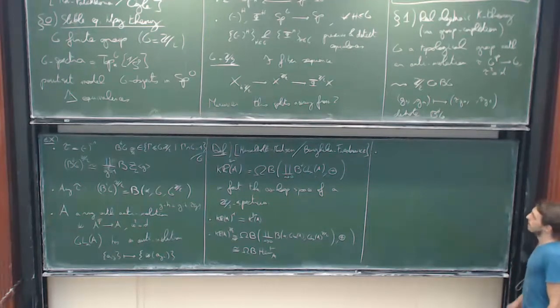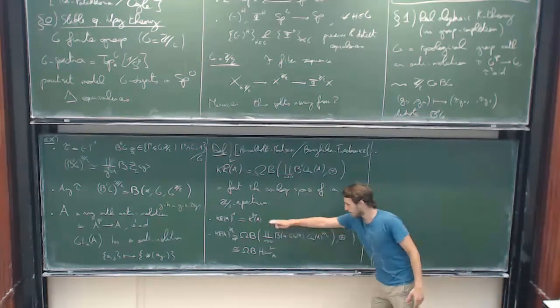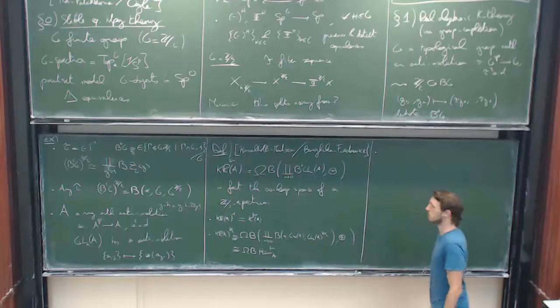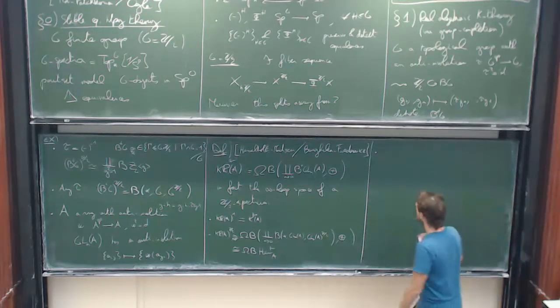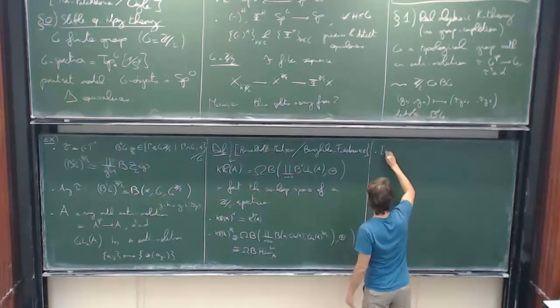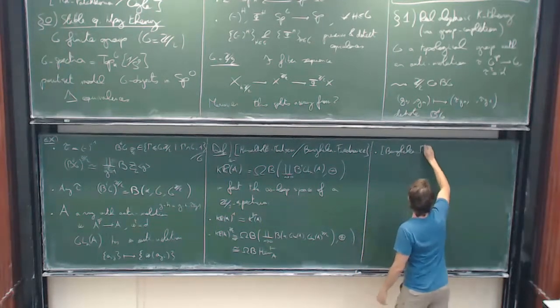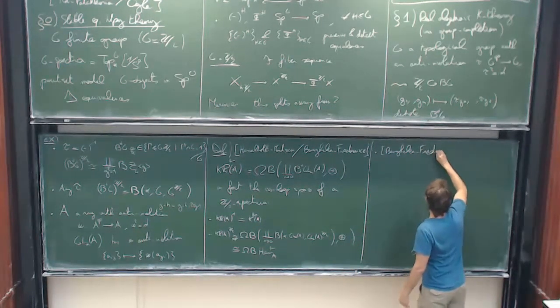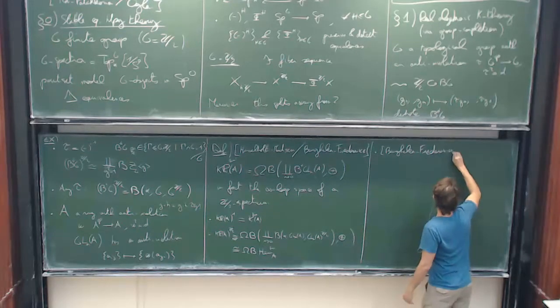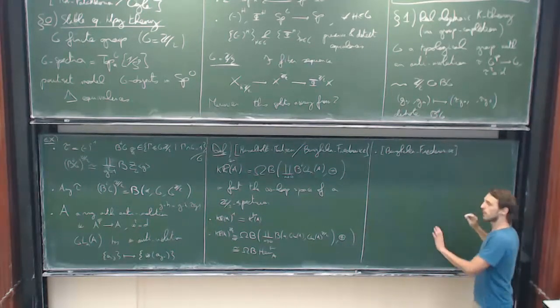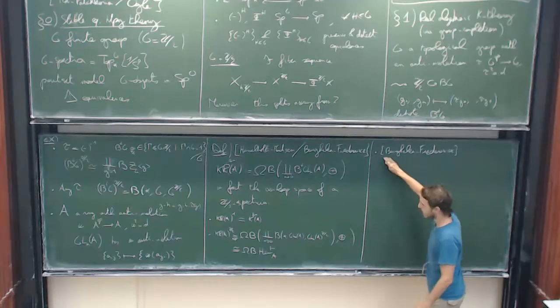So we know what the underlying spectrum is and what the fixed points are. How about the geometric fixed points? And this is again essentially Burghelea-Fiedorowicz. This result has been improved a little bit by Bruce Williams and by Schlichting.